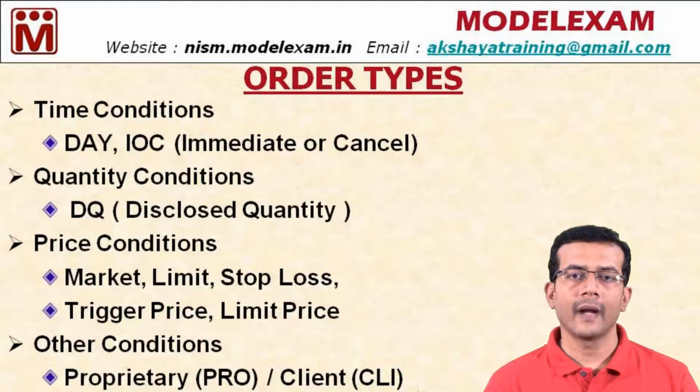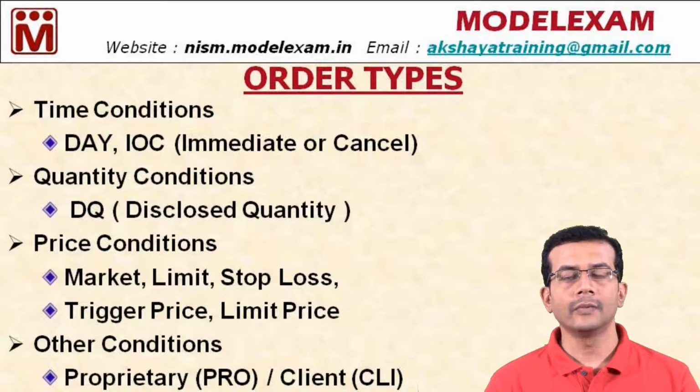And the original trader who had entered that 1 crore quantity order might not get the shares at his desired price. So he might want to conceal his original order quantity of that 1 crore. So he can use that DQ condition.